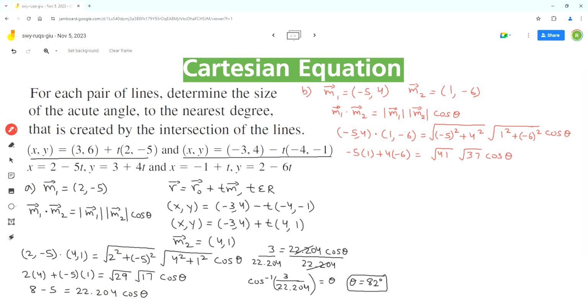Now we can simplify the expression on the left side. On the right side, we can multiply square root of 41 and square root of 37. So I get 38.949.